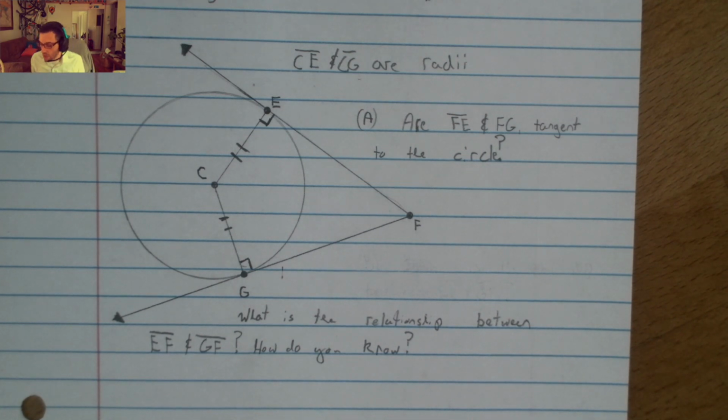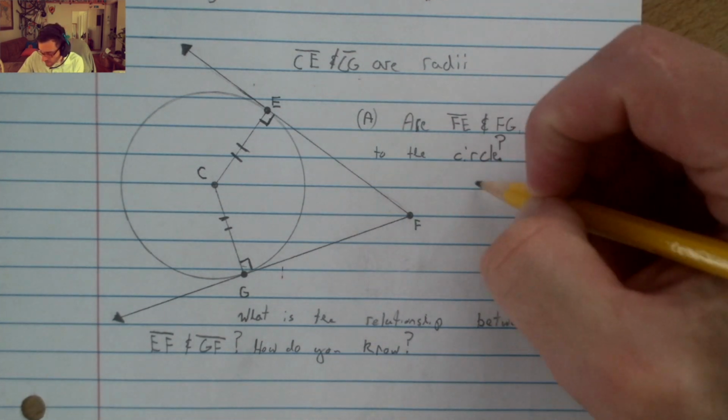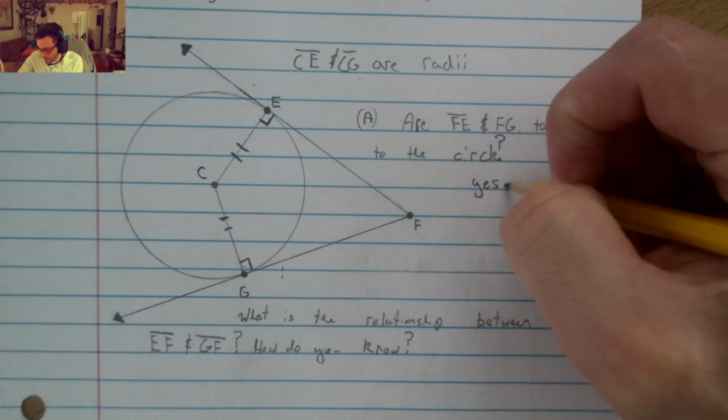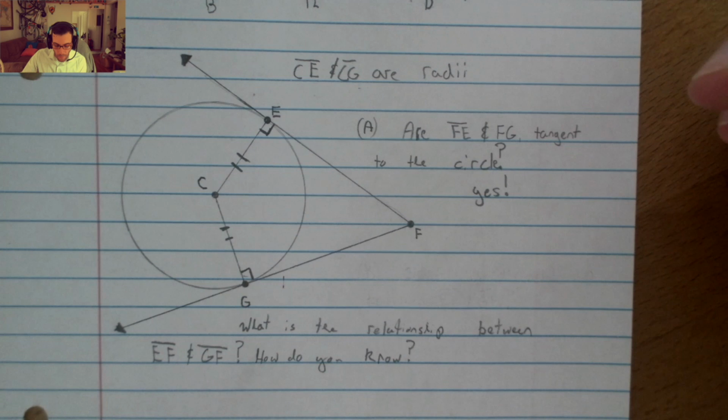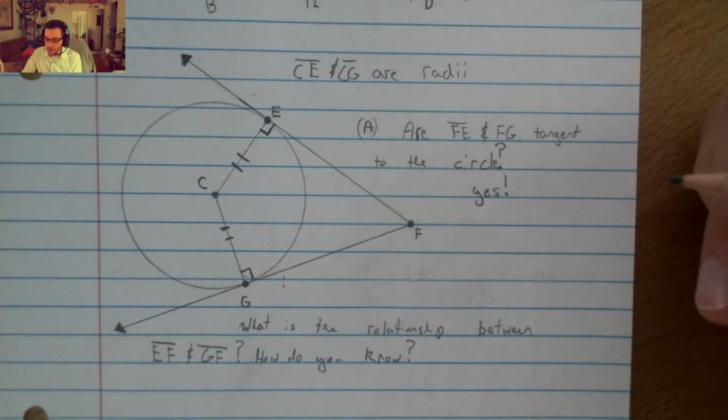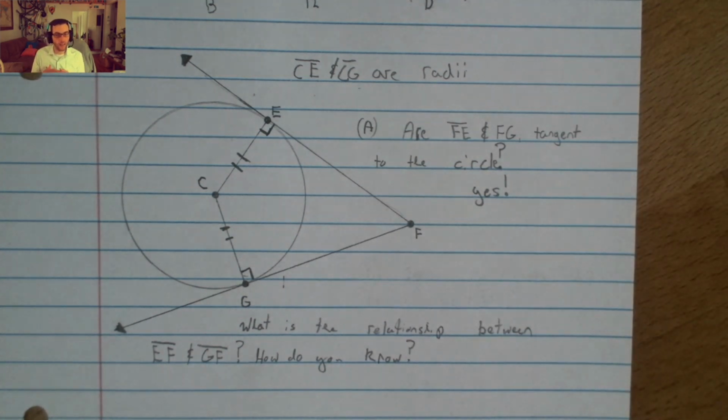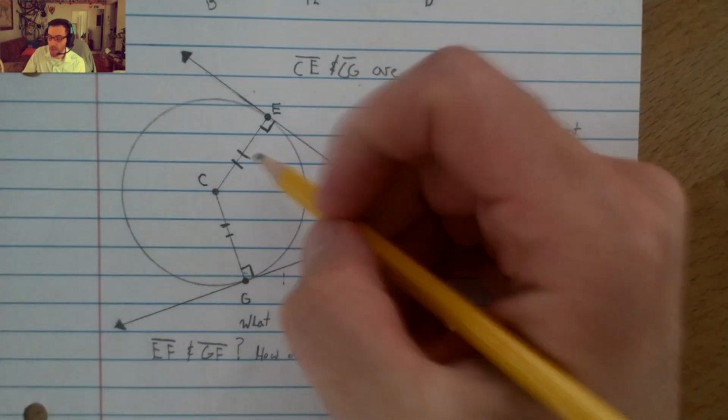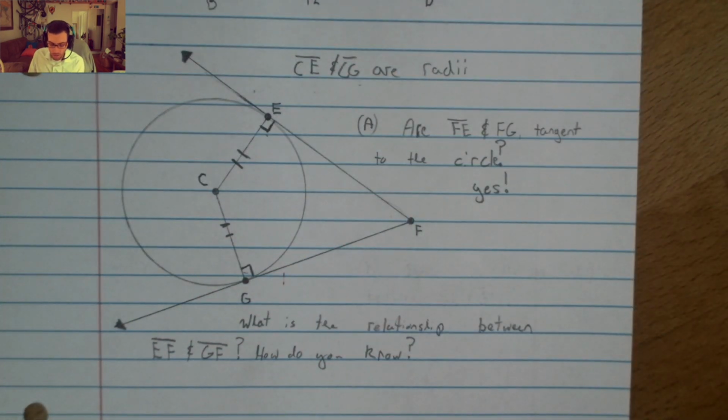Our question here is going to be, are FE and FG tangent to the circle? One thing that we can say for this particular question, besides just clarifying it as an absolute yes, is that each radius, when it contacts that point of the tangent line or the presumed tangent line, we get a 90-degree angle.